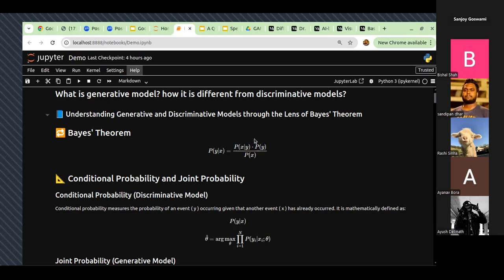Simple. So if you have access to the data set where X and Y both are present, then you can simply find out the probability of Y. Similarly, you can also find the probability of X. The probability of X will be the summation of the probability of X given Y equal to 0 into the probability of Y equal to 0, plus the probability of X given Y equal to 1 into the probability of Y equal to 1.